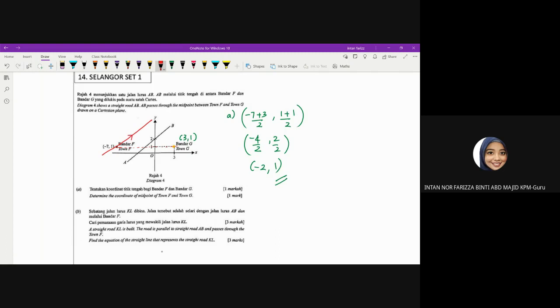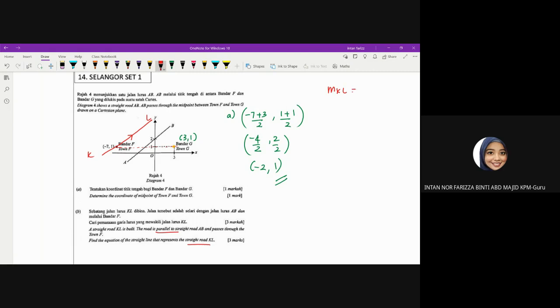So when it says that it is parallel, automatically you must know the gradient must be the same, right? So we need to have the gradient. If we want to find the equation of KL, we need to find the gradient of KL. Is it possible to find the gradient of KL? No, it is impossible because we don't know the other coordinates.